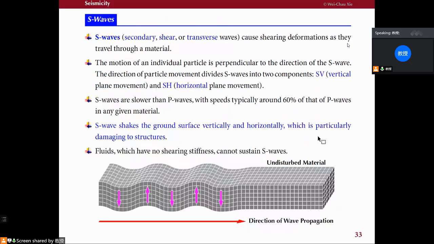Okay, S waves, also called secondary waves or shear waves. So S comes from secondary, or shear, or transverse waves.